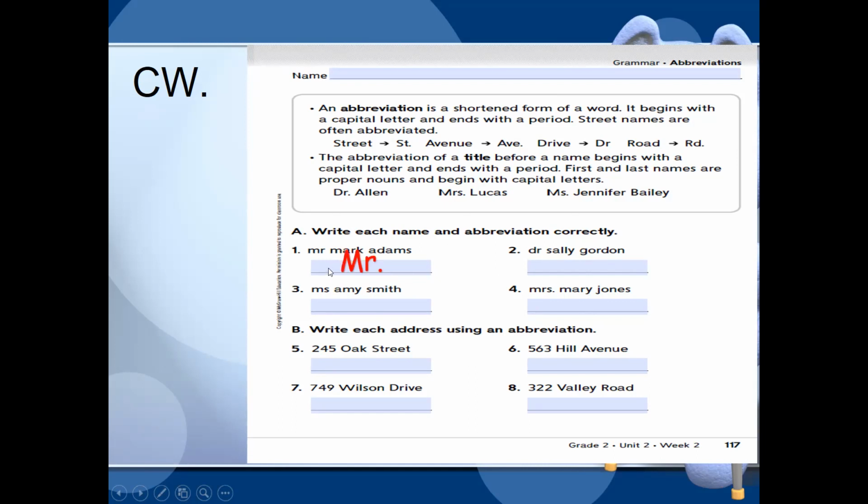Mr., capital M and end with a period. Perfect. Doctor, capital D and end with a period. Miss, good job. Should be with capital M and end with a period. Mrs. Well done. We do have the period over here, but it should start with the capital letter.